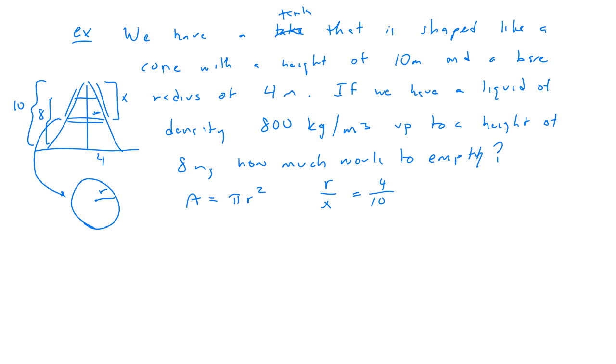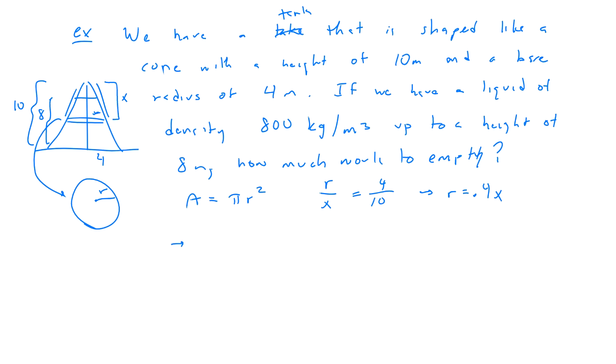And I can do it either way. I could also do r over 4 is equal to x over 10. Doesn't matter which way I do it, as long as I'm noticing that the ratios are similar. And in particular, that gives us that r is equal to 0.4 times x. And now I've gotten rid of one of the variables, so I can actually do it.